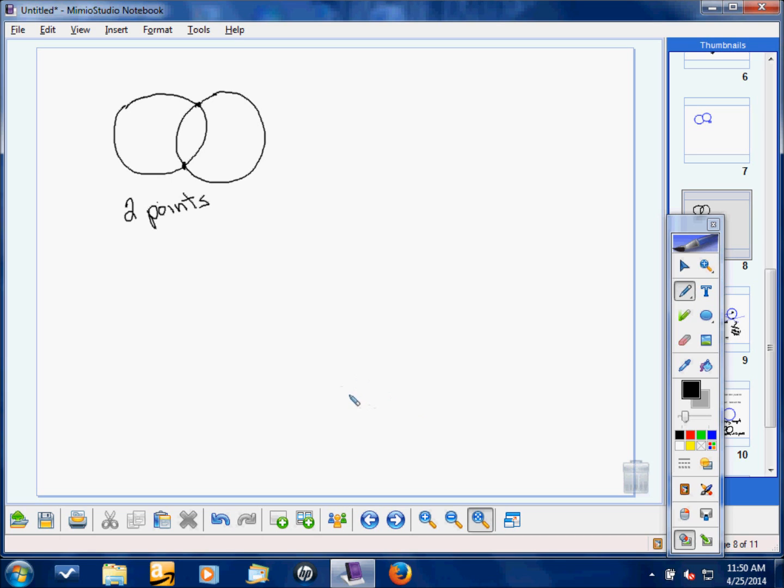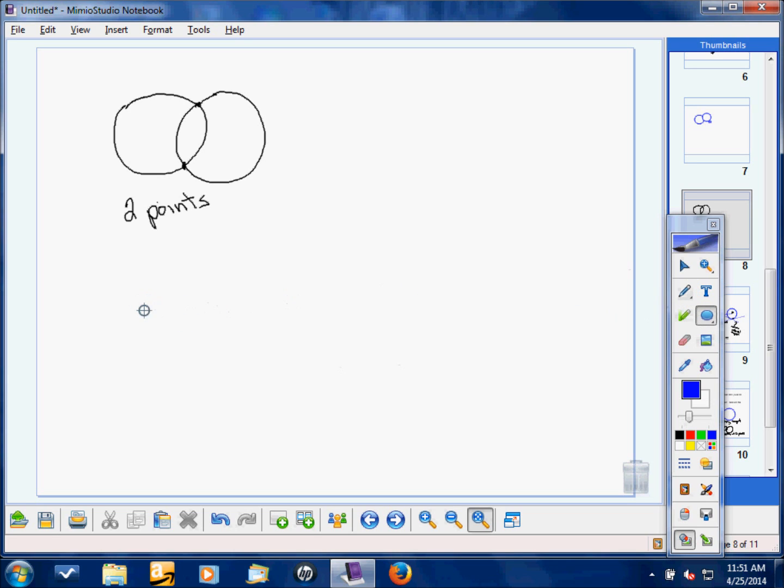Now, what happened when a line intersected in one point with a circle? We call that what? If a line intersected a circle in one point, we call that line tangent. Good. Just like you had internal and externally common tangents, we also have internal and external tangents for circles.